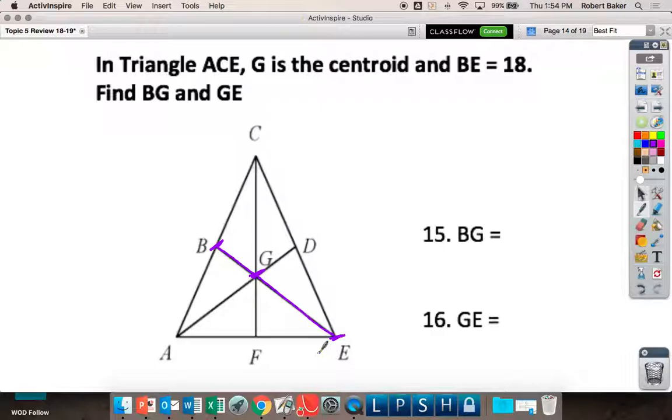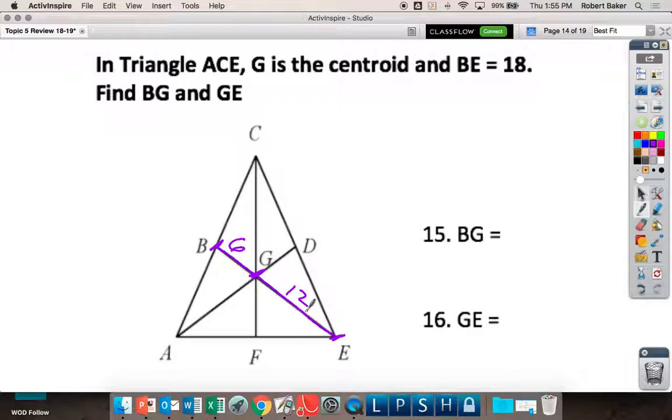So what is 18 divided by 3? 6. Now, if you get that number, that goes back to that 2 relationship. 6 times 2 is 12. And notice how they both add up to 18, because 6 plus 12 is 18. This is 1/3. This is 2/3.